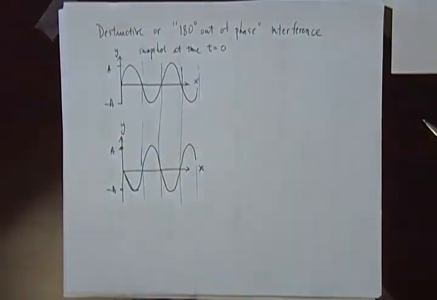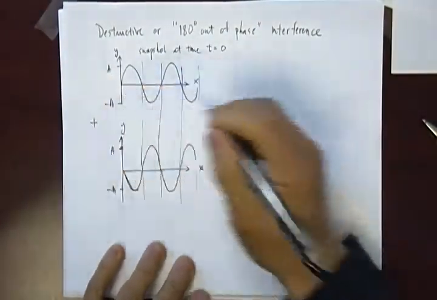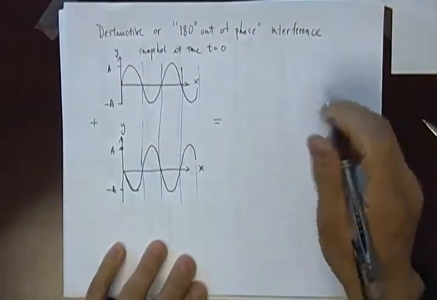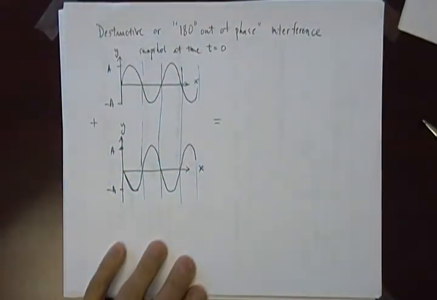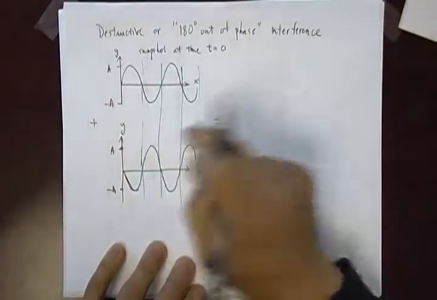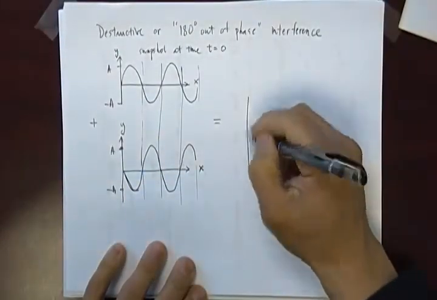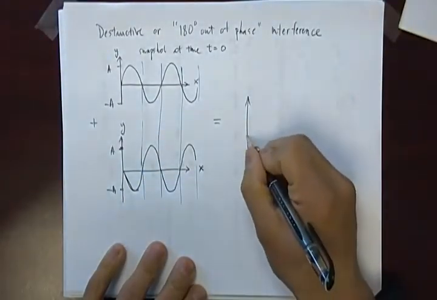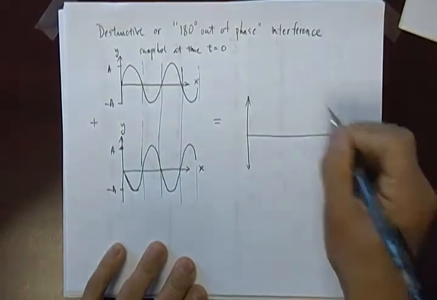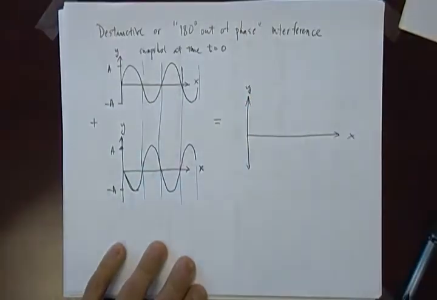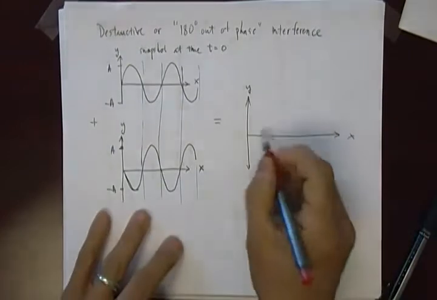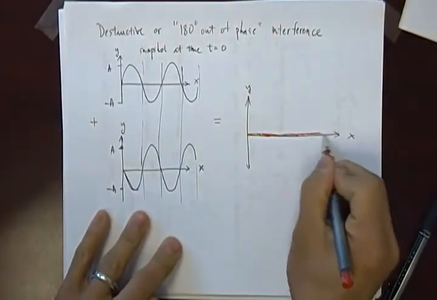So that's a simple way of understanding what will happen if I add these together. If they're negatives of each other, then I just get a big fat nothing. I get 0.